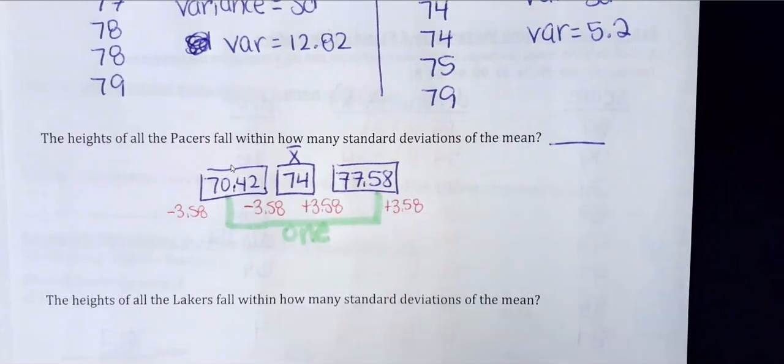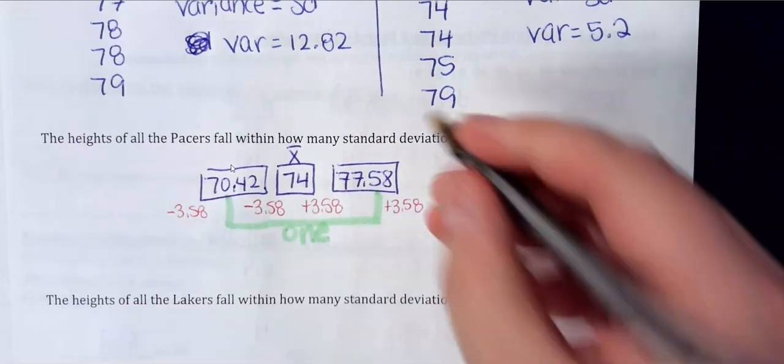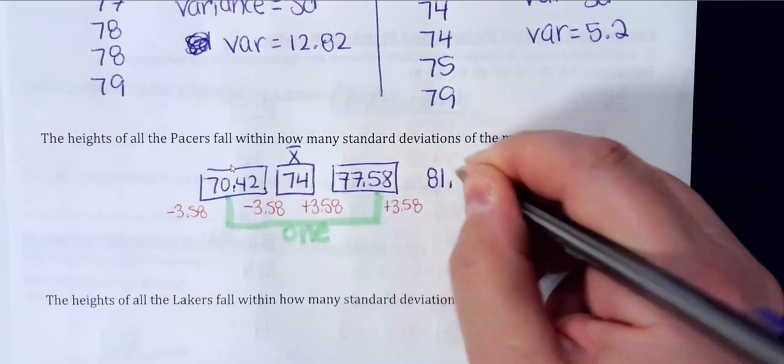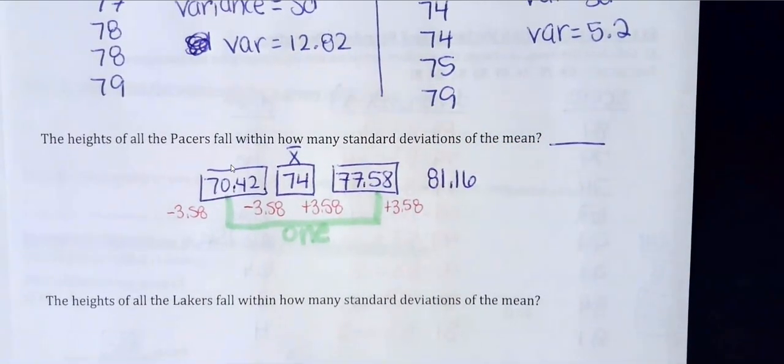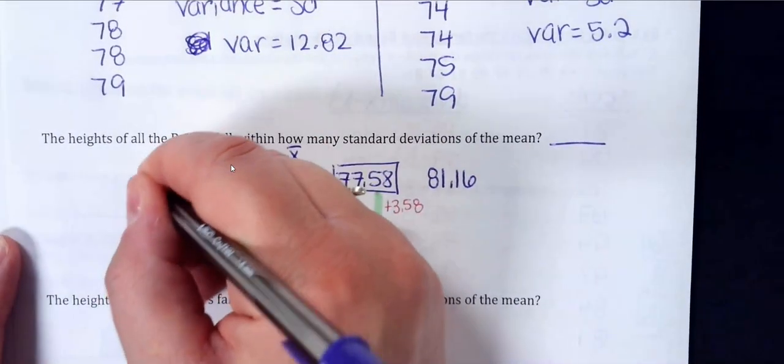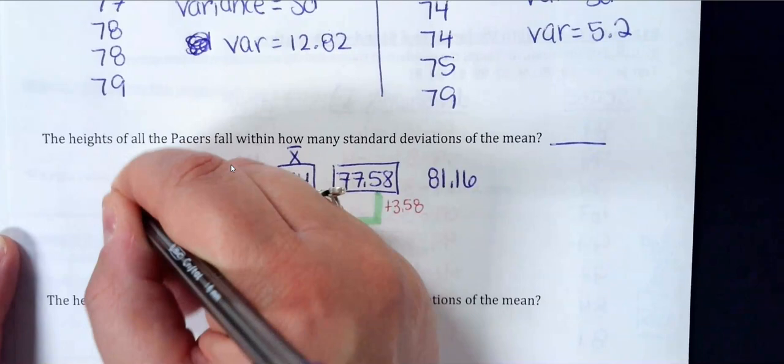So 77.58 plus 3.58 would be 81.16. On the lower end, take that 70.42 minus the standard deviation 3.58, which would be 66.84.